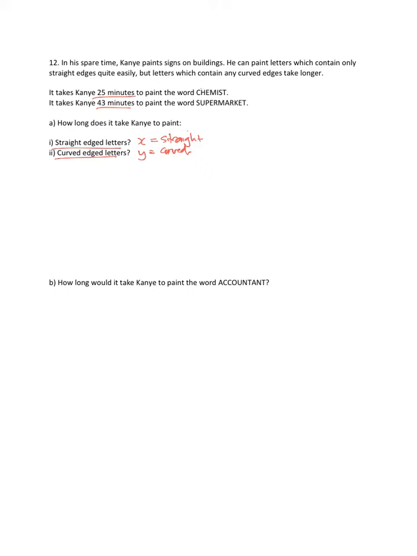H is straight, E is straight, M is straight lines, I is straight lines, T is straight lines. So that is 5 straight. And how many curved? 1, 2. 2 curved letters in chemist.